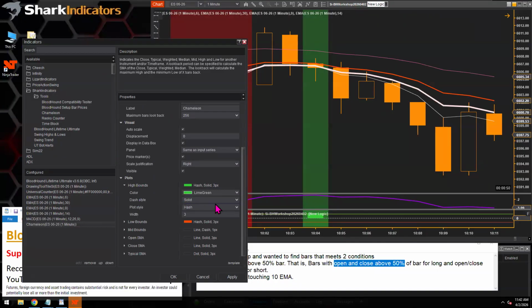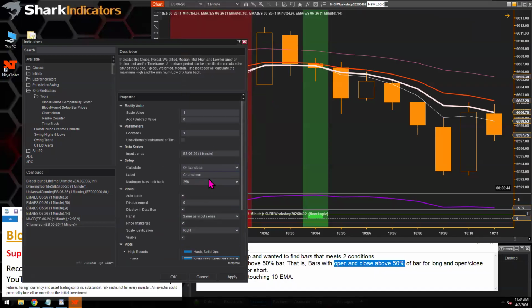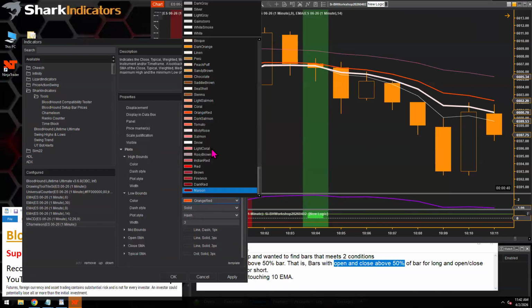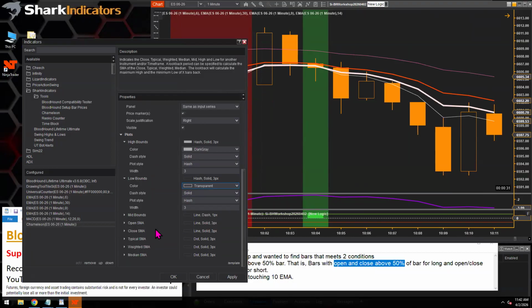So I'm going to turn off the high, so transparent, turn off the lows, and transparent. Mid bounds, median.